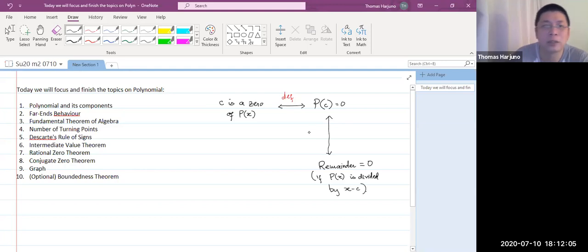That's by the remainder theorem. And then if the remainder is 0, then x minus c is a factor of p(x). That is by the factor theorem.